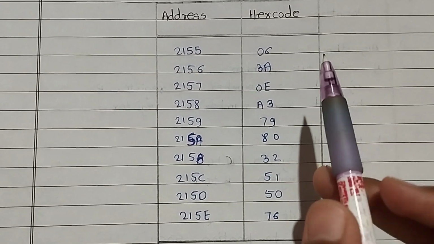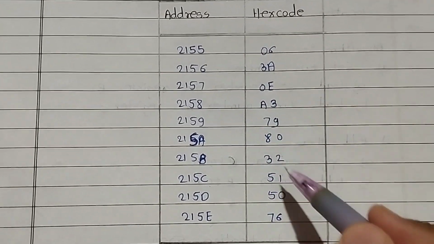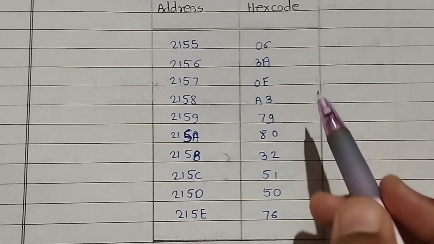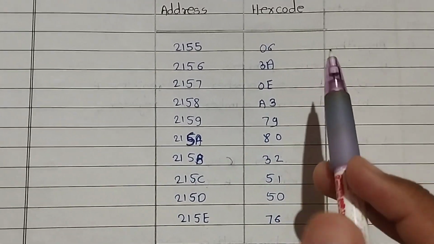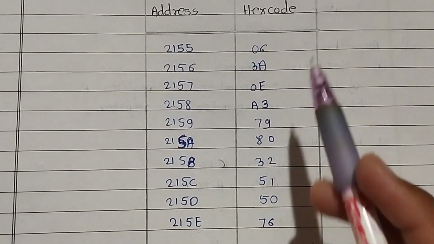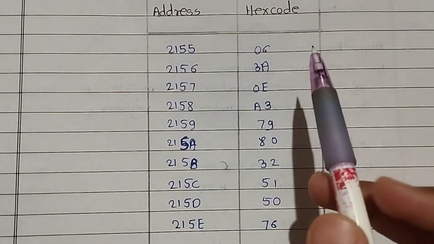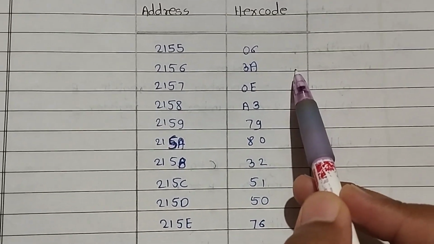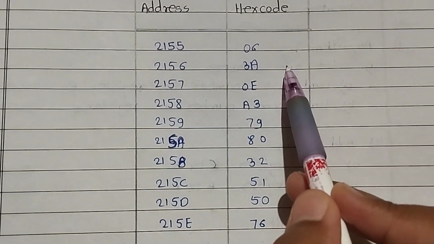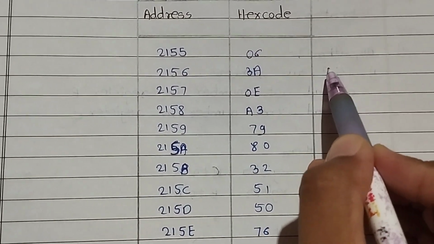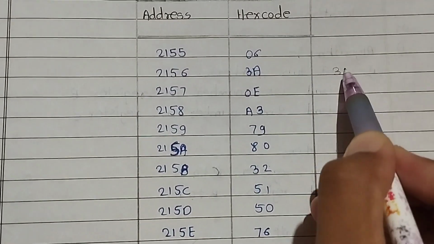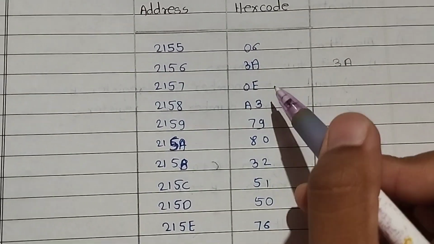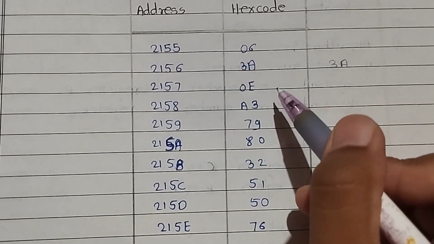Now we want to use the given table for our 8-bit data and the locations. So now we start. First is a 2 byte instruction, and we know in every 2 byte instruction, the first byte is used for the opcode and the second byte is used for the data. So now our 8-bit data is 3A and 06 is the opcode. Now the second instruction also has 2 bytes.